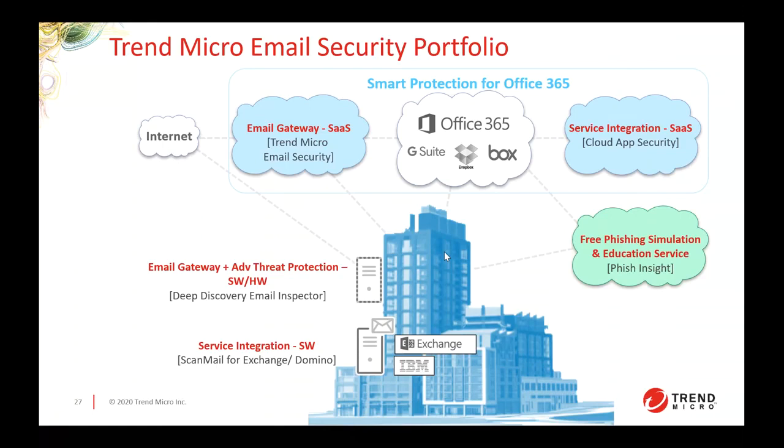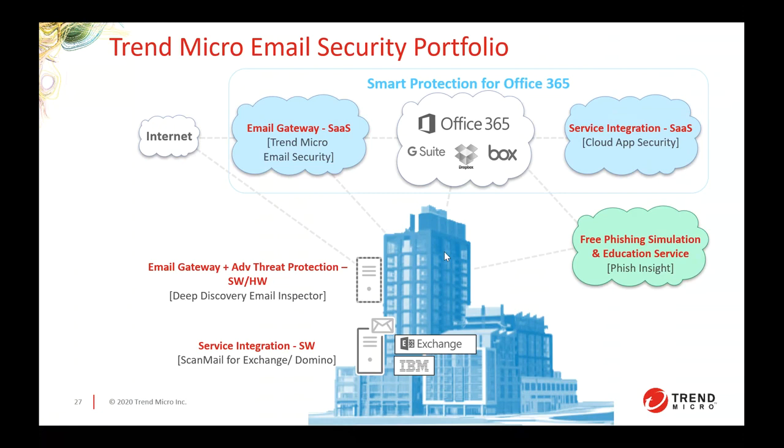This means the agent will be installed inside the mailbox server. We have two kinds of agent: one for Exchange and one for Domino. Both are called ScanMail agents. These agents inspect all the mails coming to the mailbox server, the Exchange server or the IBM Domino server.